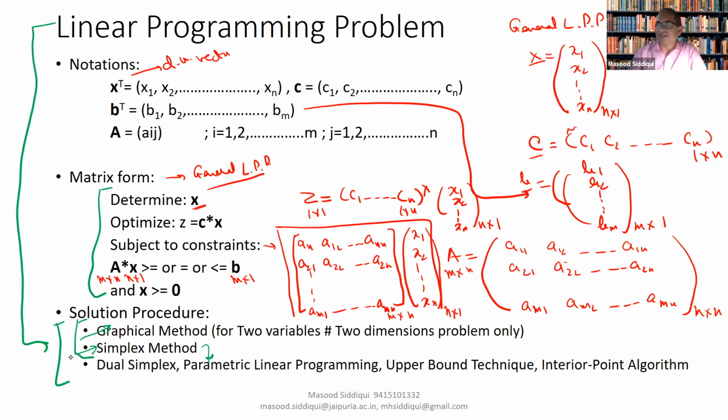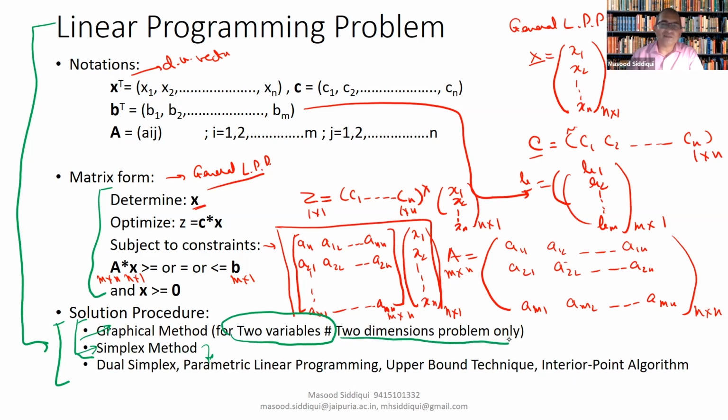The graphical method has a very important limitation. Since we try to get a solution through a graph, only two-variable cases can be solved using the graphical method. It can be used only where we have two variables, or a two-dimensional problem.